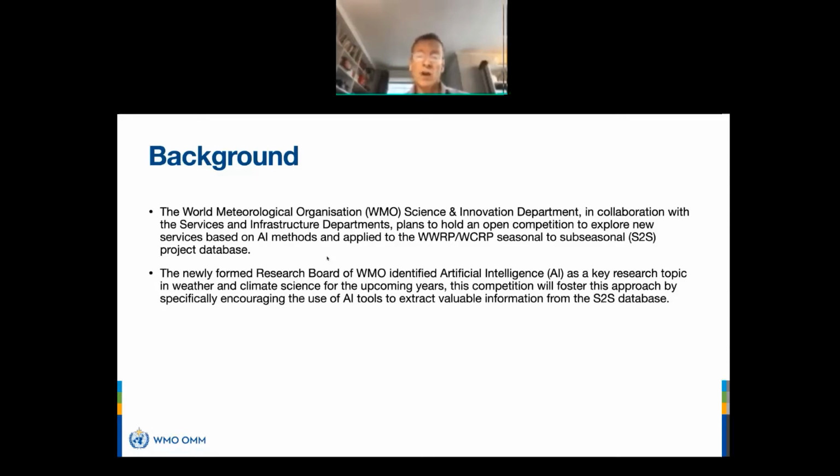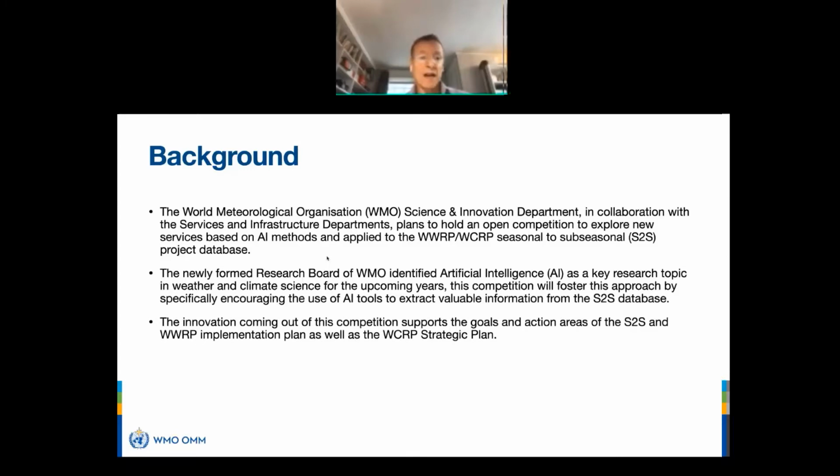And so the hope is that this competition will foster this approach, and specifically encouraging the use of the S2S database. And will support the goals and action areas of the S2S, WWRP implementation plan, as well as WCRP.